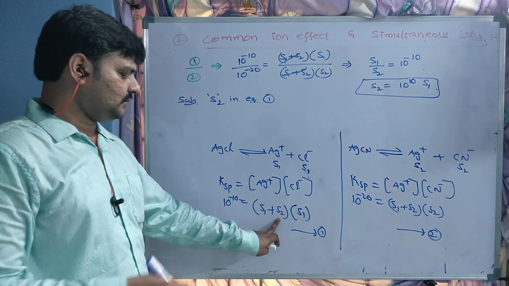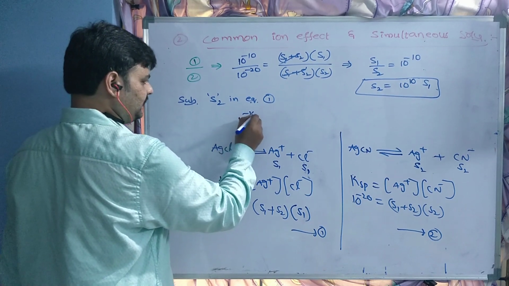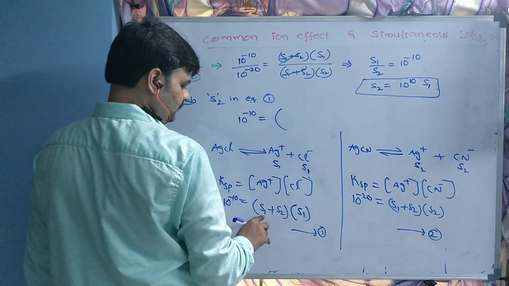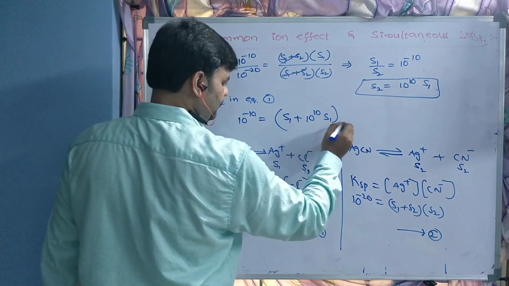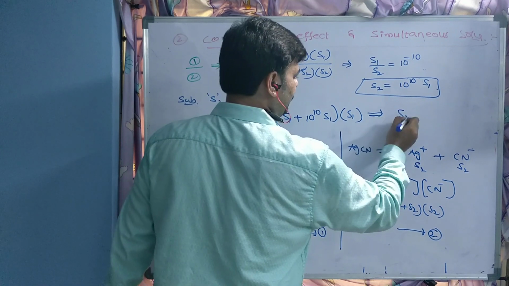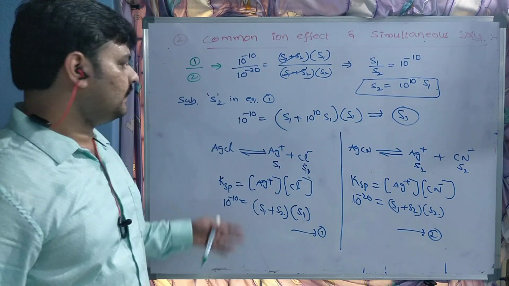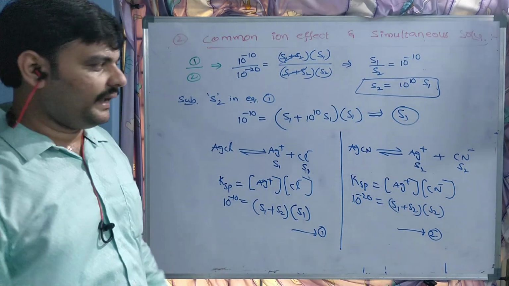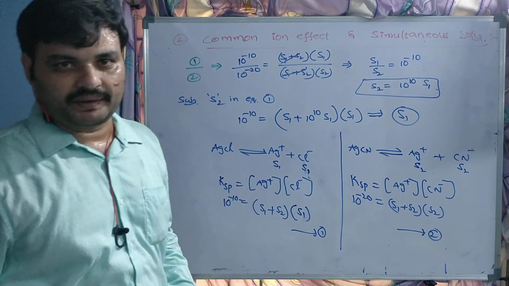Then 10 power minus 10 is equal to S1 plus S2, that is S1 plus 10 power minus 10 times S1, multiplied by S1. By solving this, you can get the S1 value, which is the solubility of AgCl. That is how you calculate it.